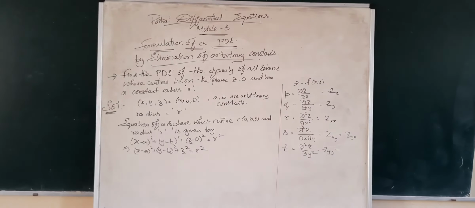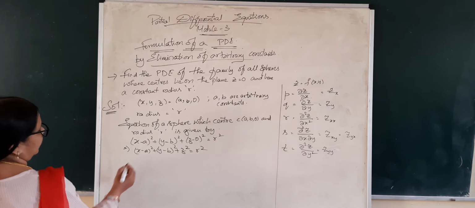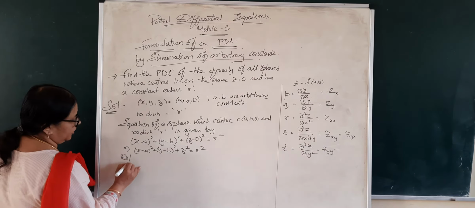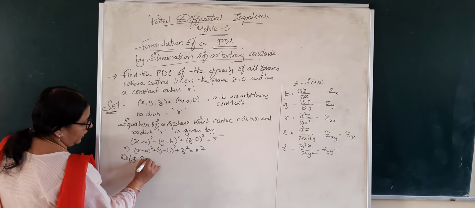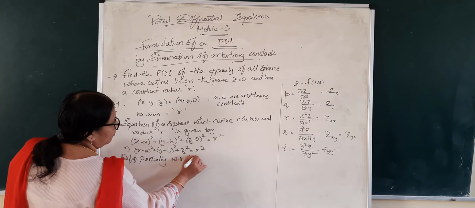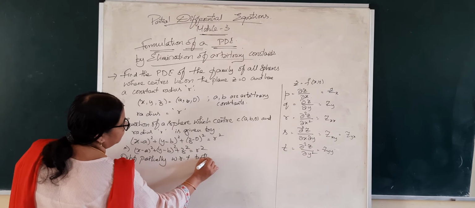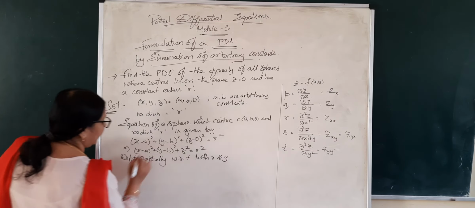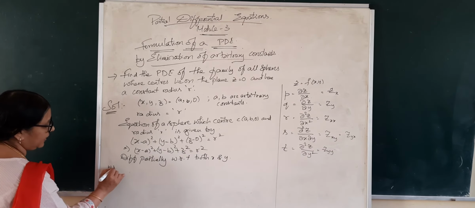How do we get rid of the two constants? Again by partially differentiating. So let us differentiate this equation partially with respect to, again, both x and y. So what happens with respect to x first?